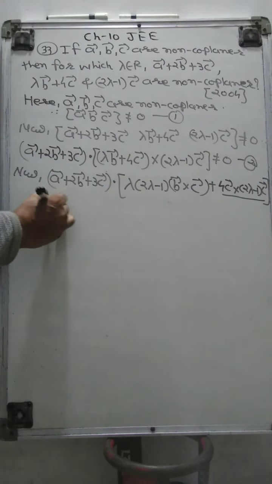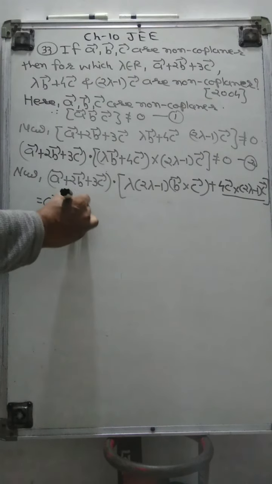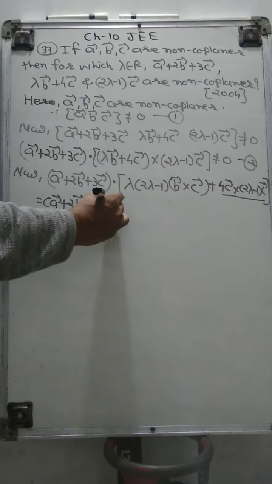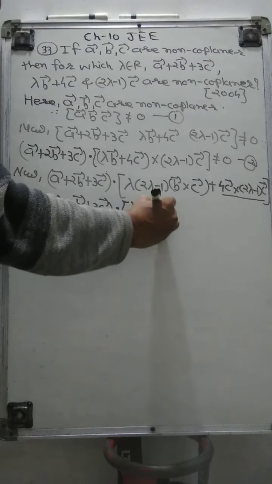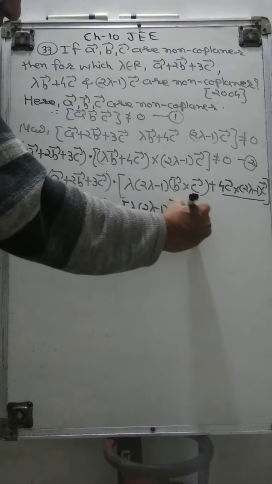But this becomes 0, right? So we have only a bar plus 2b bar plus 3c bar dot lambda 2 lambda minus 1 b bar cross c bar.